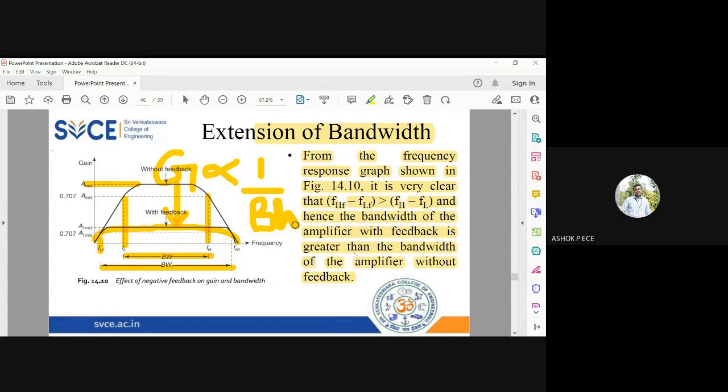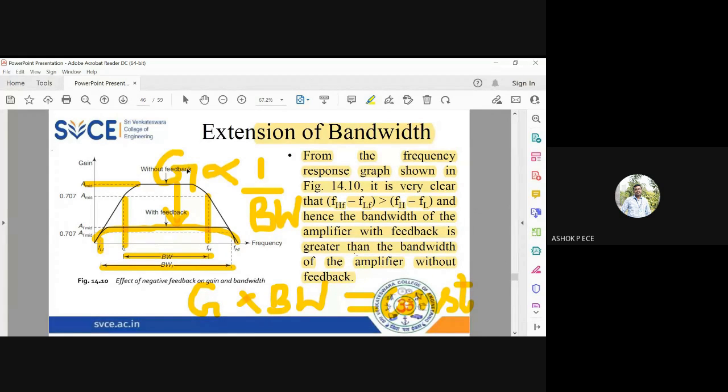For an amplifier, G into BW. When you do any amplifier experiment, this has to be verified. The gain bandwidth product will be always constant for any amplifier. Whether it is without feedback or with feedback, the gain bandwidth product will be constant.